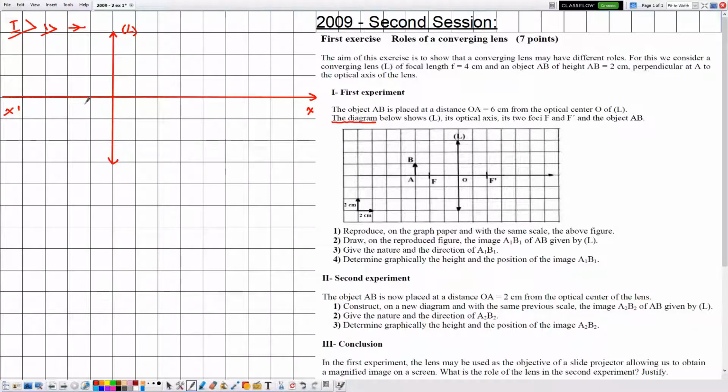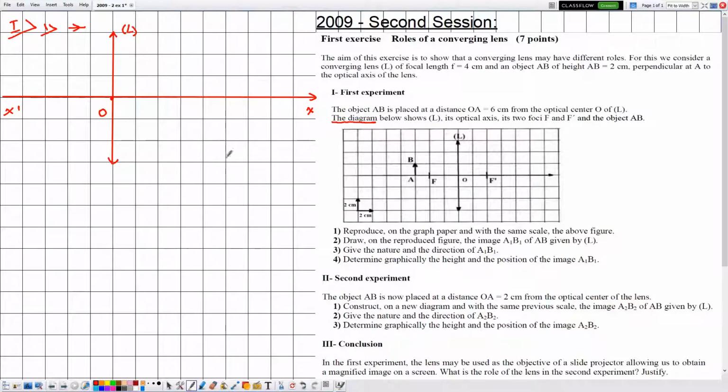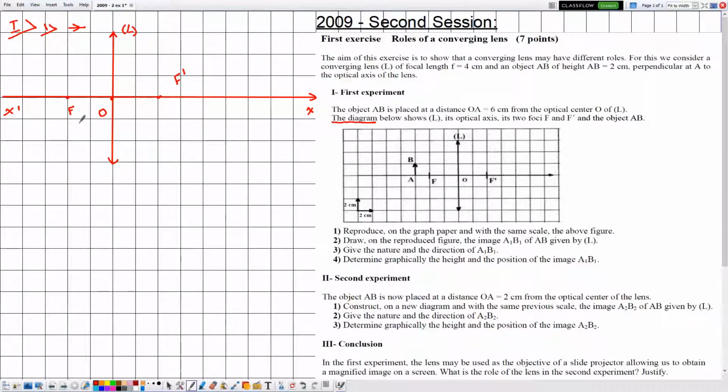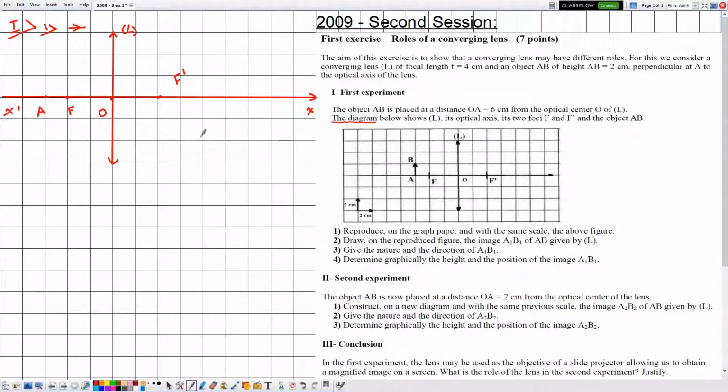We know that the intersection between the optical axis and the lens L is the optical center O. Moreover, the object focus F is located in front of the lens, two divisions on the optical axis away from L, and F prime, the image focus, is the symmetric of F with respect to O. Now the point A is located on the optical axis, 3 divisions away from L. So this is the point A. And the point B is located above A by 1 division. A hat is found on B.